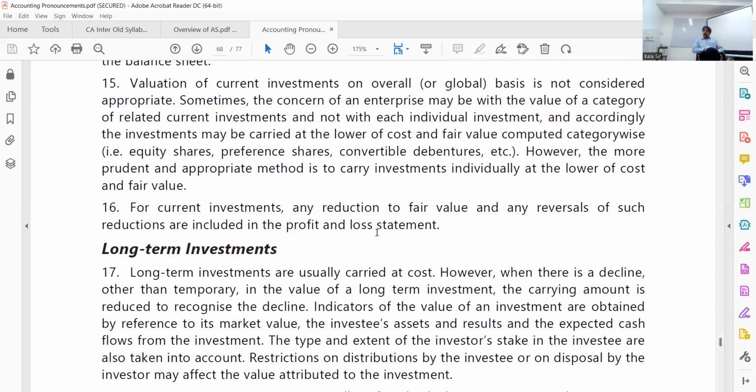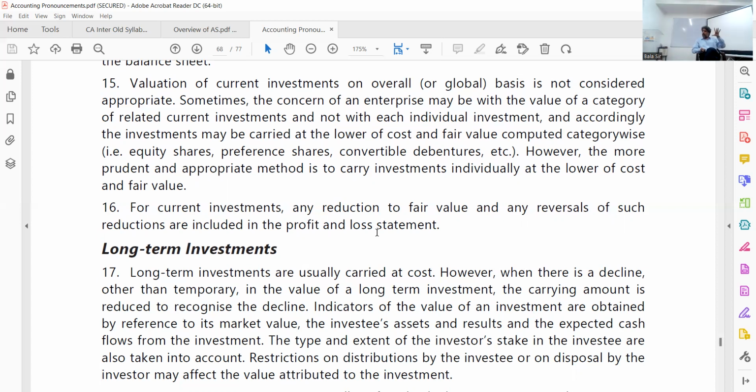So now we shall go ahead and take on long-term investments. Para 17. Long-term investments are usually carried at cost. Why? Fair value doesn't matter. What is the reason? We have no intention to sell it here.